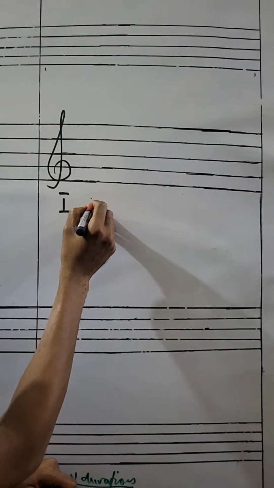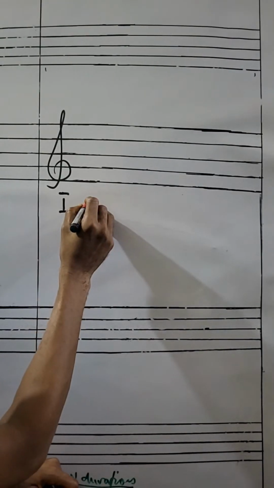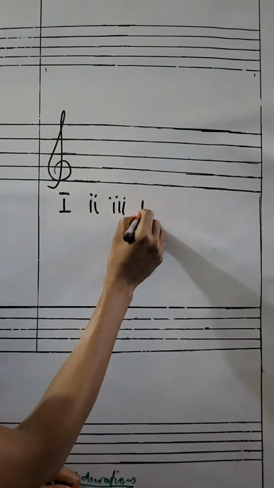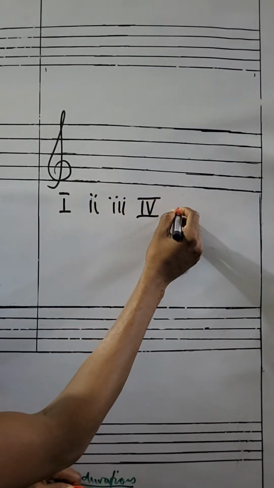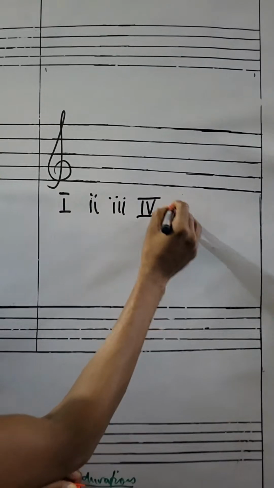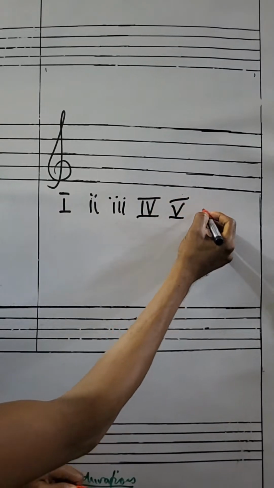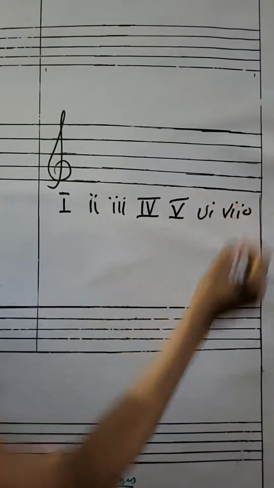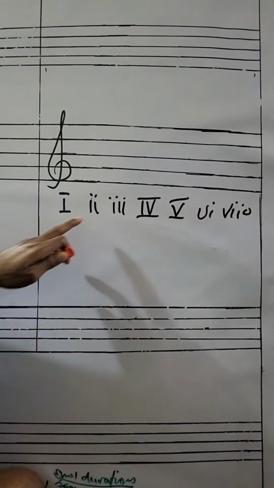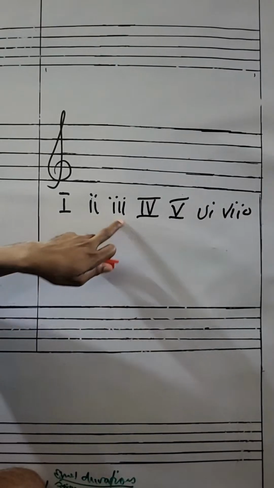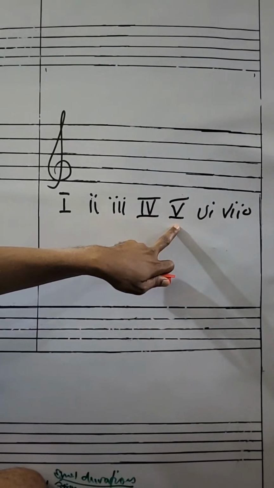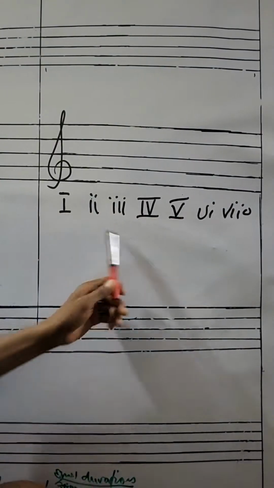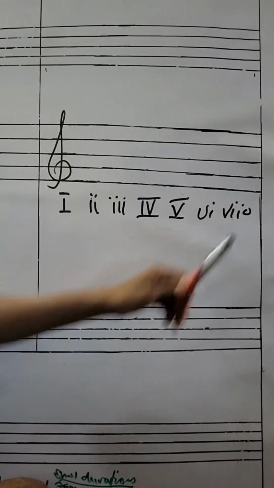We have your 1, we have your 2, we have your 3, we have your 4, we have your 5, we have your 6, and your 7 diminished. So this is your major 1, minor 2, minor 3, major 4, major 5, perfect fifth, your 6, and your diminished 7th.